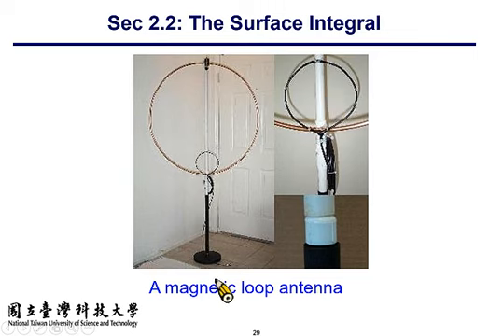Here is an example. This thing is referred to as the loop antenna, and it's used for AM radio reception. Do you know the frequency of AM radio?